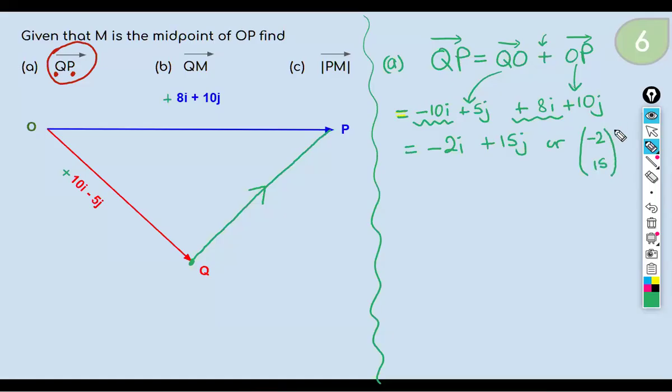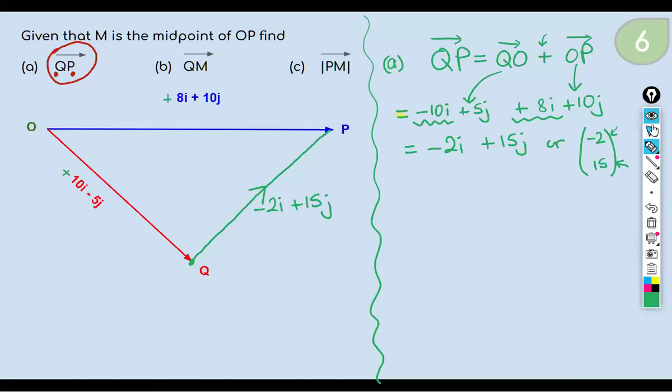Remember, the top value is automatically i, the underneath value is automatically j, but when you write it in fancy form, you don't physically write the i and j. You're not allowed to. But the top is always i and the underneath is always j. Update your diagram. Whenever you get a value for a vector, put it in on the diagram. That's for your benefit. So minus 2i plus 15j.